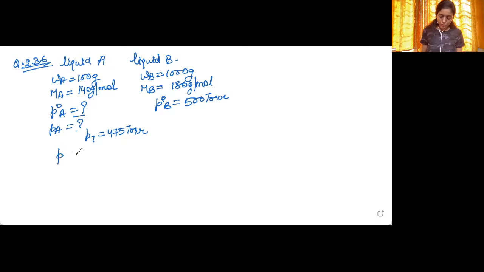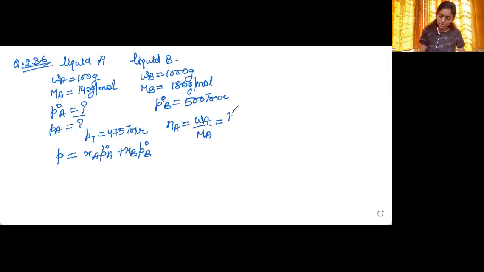So the vapor pressure of the solution is equal to XA into P naught A plus XB into P naught B. Now XA and XB have not been given. We need to find them out from the information given to us. Number of moles of A is equal to WA upon MA.